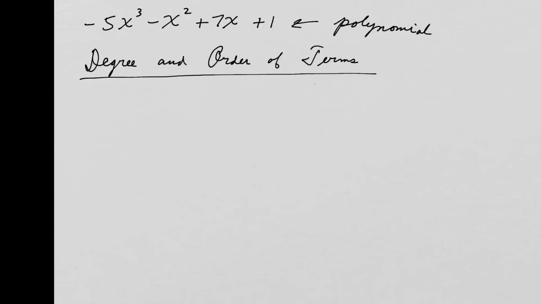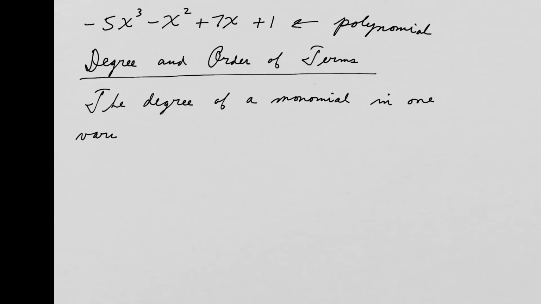So the degree of a monomial in one variable, and we're going to focus on polynomials mostly just in one variable, is the power of the variable.